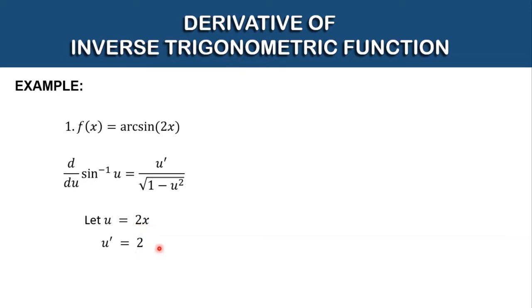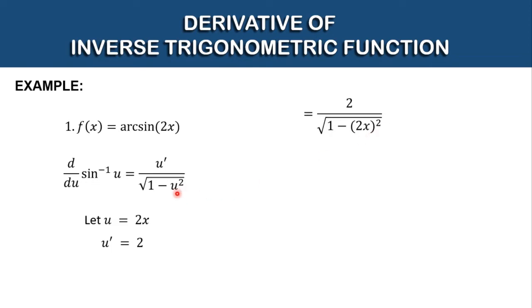And after having the two values, substitute lang natin sila dito sa ating formula. So, yung u prime natin is 2. Ang u natin is 2x. So, kapag sinubstitute natin, magkakaroon tayo ng 2 sa ating numerator kasi yun yung u prime natin. And in the denominator, we have the square root of 1 minus 2x squared.